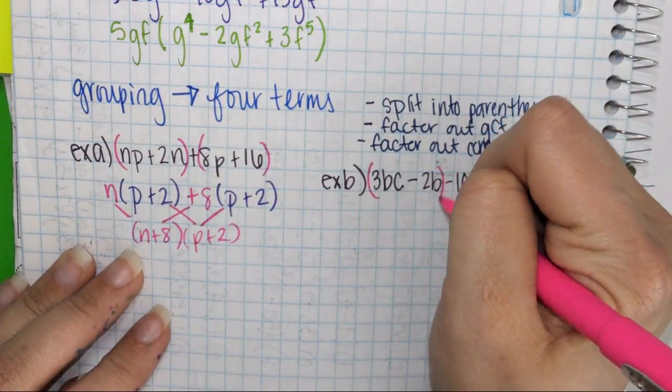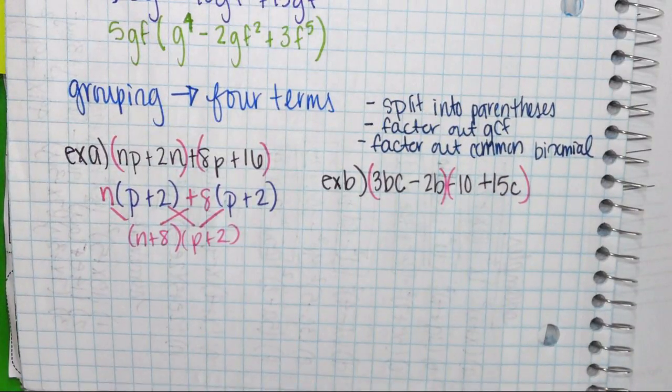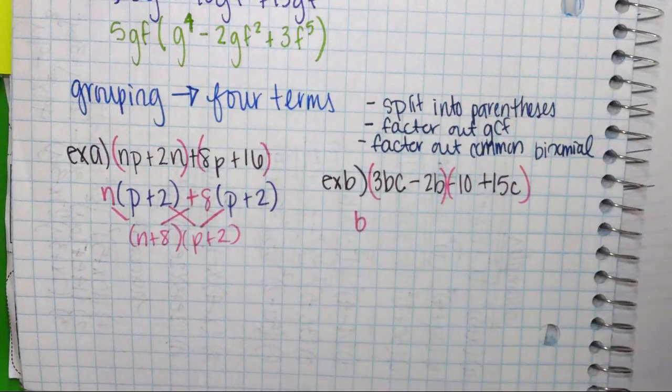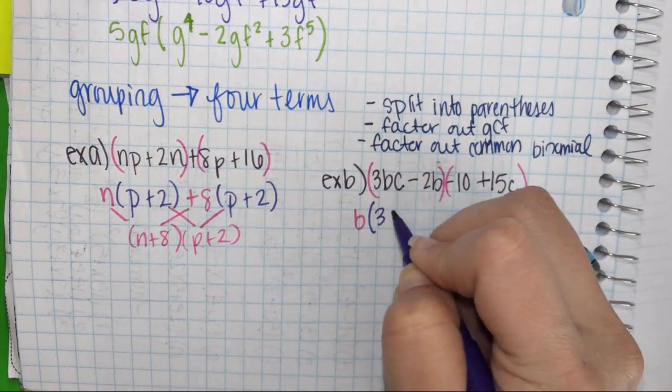I put it around these 2, and then I put it around these 2, and I'm going to include the sign in here because I'm fancy. I did the same thing. And they have B in common, so what do I put on the outside? B. And what stays on the inside? 3C.